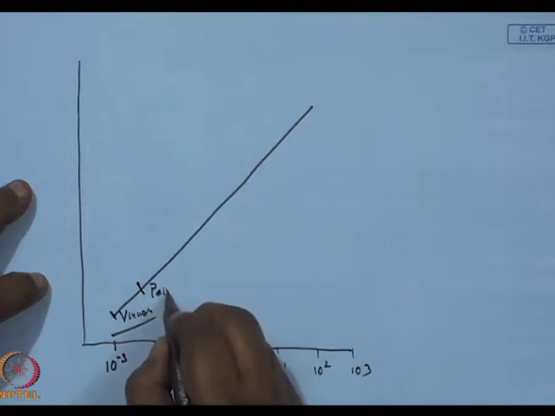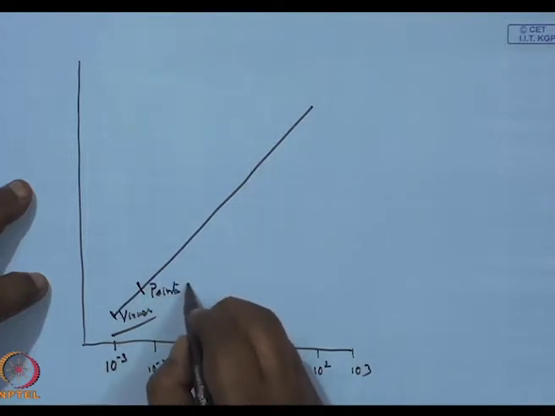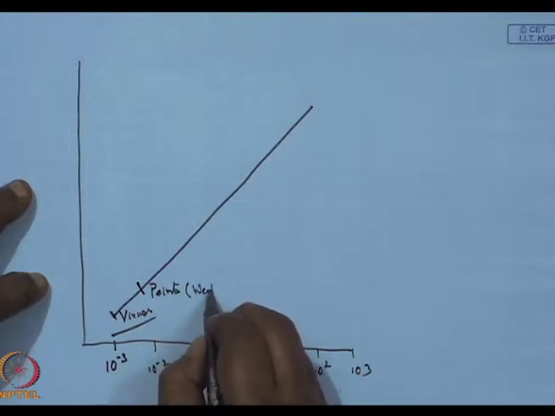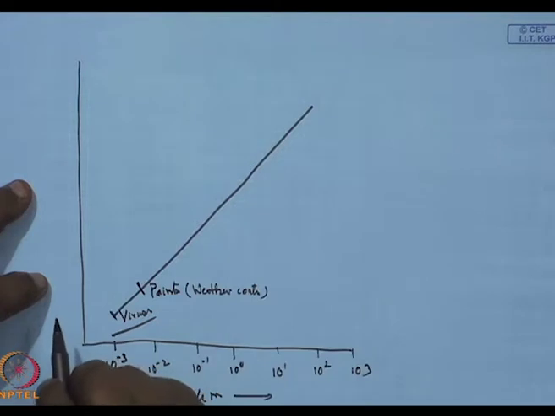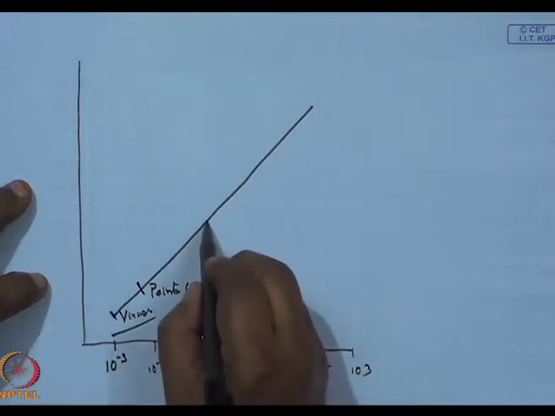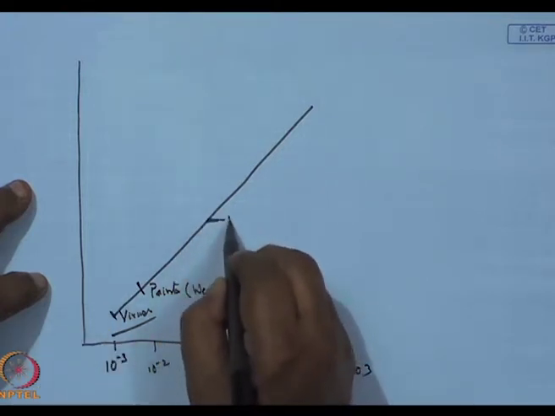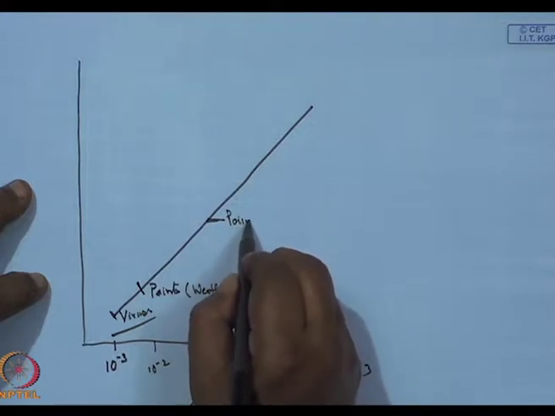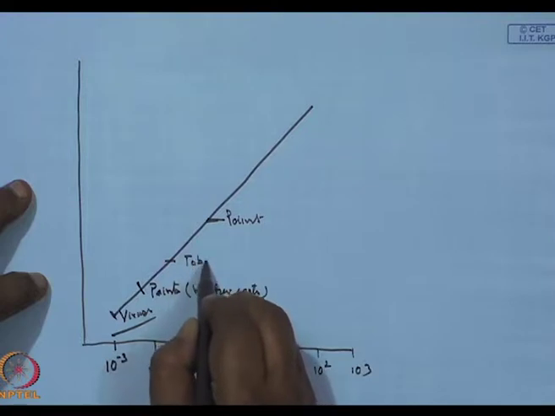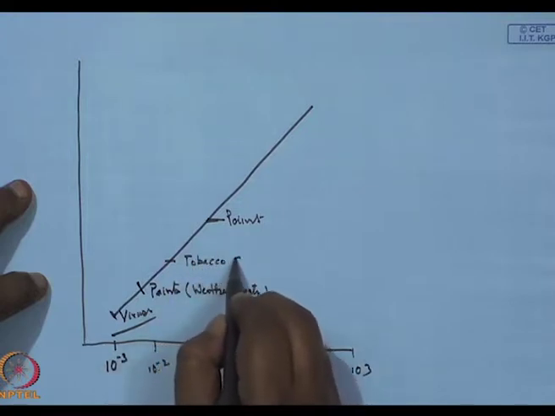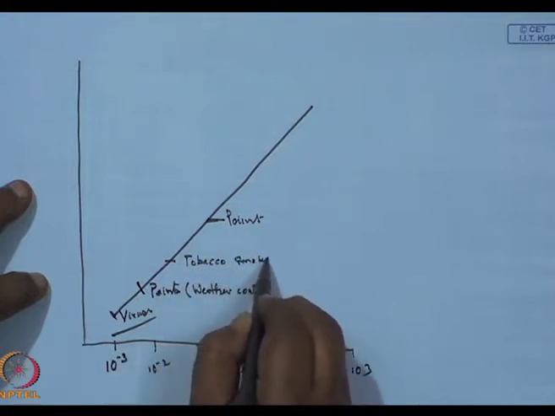These are the weather coats which use ultrafine nano sized titania. There are paints which are also up here which are not that fine. Tobacco smoke or smoke is somewhere up here.